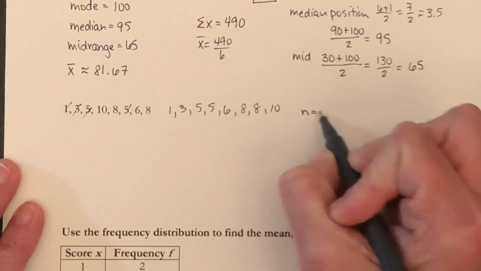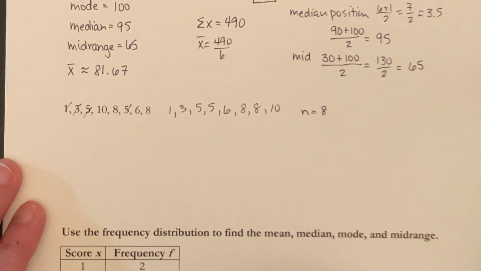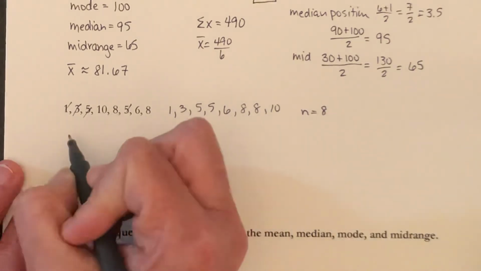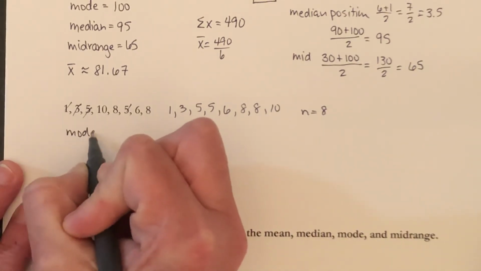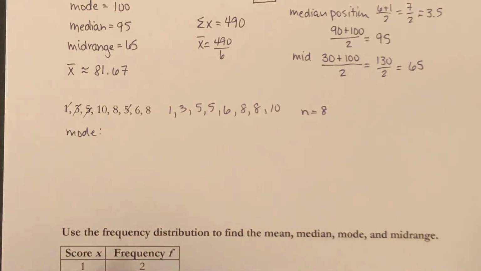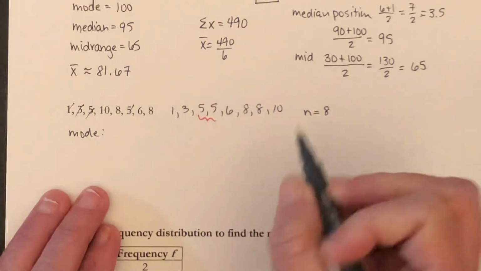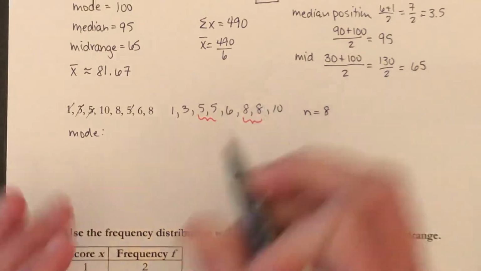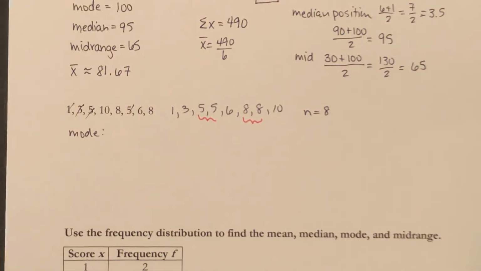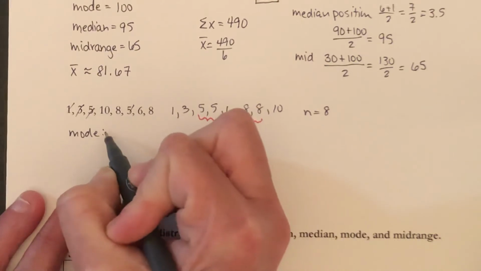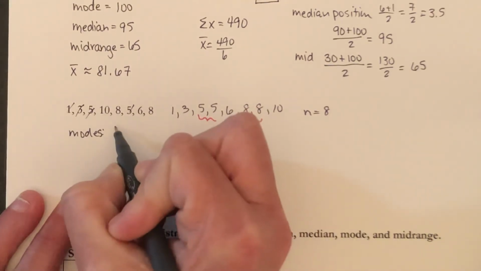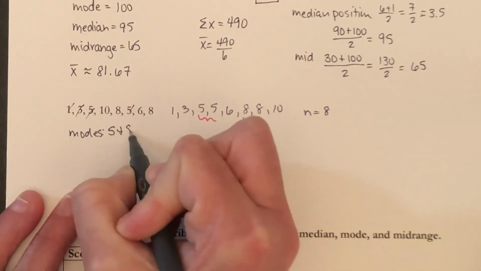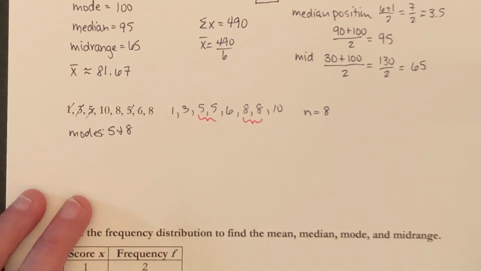So our n value is 8. Do I have a mode? Well, let's see. 5 appears twice, and 8 also appears twice. So since they both appear more than the others, but they appear the same number of times, this is bimodal. I have multiple modes. It's 5 and 8. Okay.